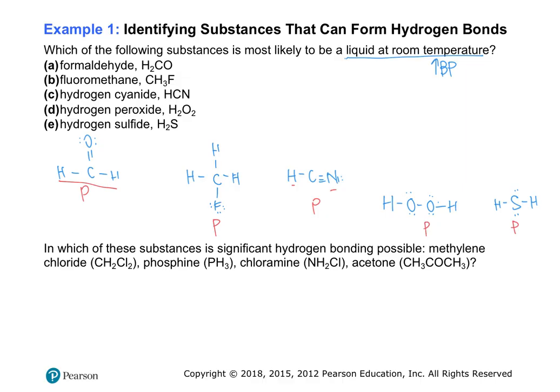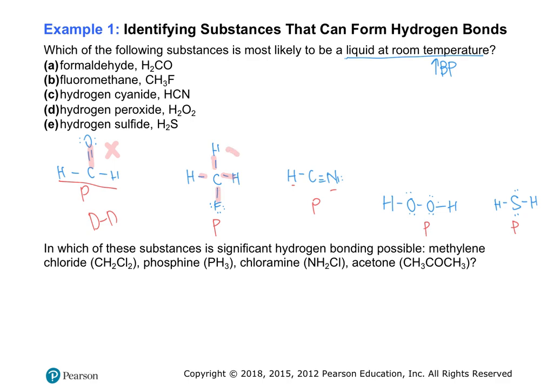So they all have LDF, they all have dipole-dipole, so let's see how they're different. In the first molecule, we have carbon bonded to an oxygen. The hydrogens are only bonded to the carbon, so that is just going to be dipole-dipole. If we look at this next one, we have carbon bonded to the hydrogens, but the carbon is bonded to fluorine.